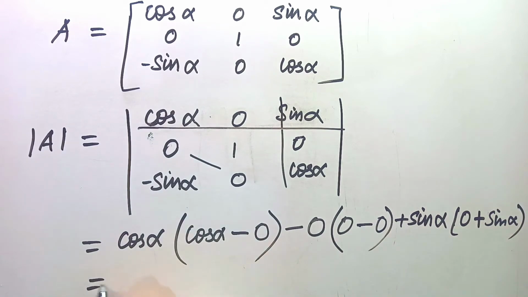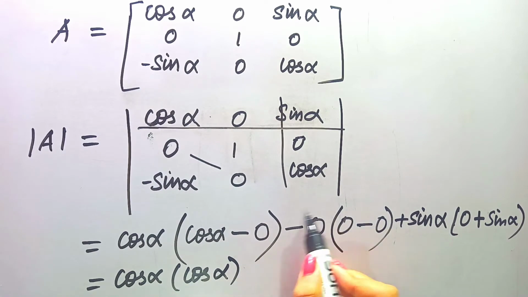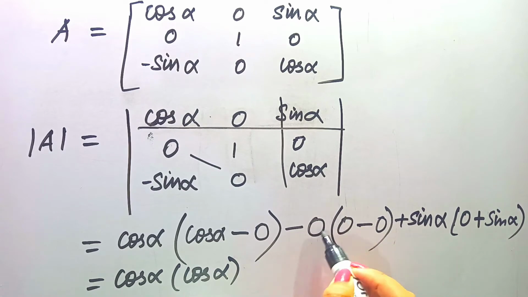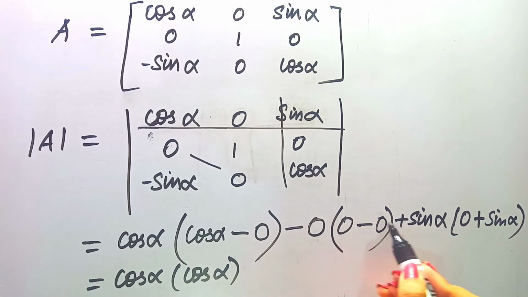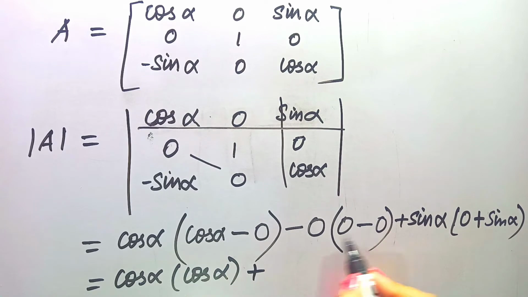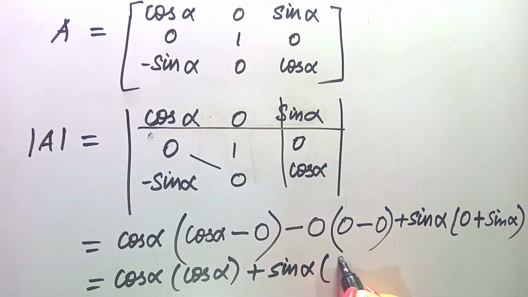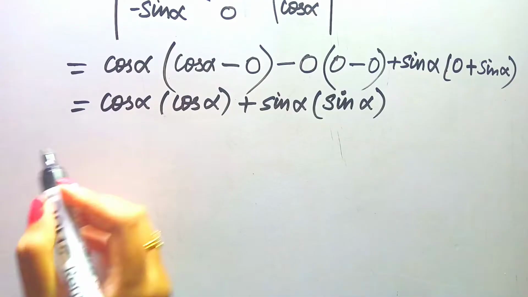Okay, so the next step will be cos alpha into cos alpha minus 0, it will be cos alpha. Then this term will be cancelled because anything multiplied by 0 will be 0, and then here it is plus sin alpha, and 0 plus sin alpha gives the answer sin alpha.